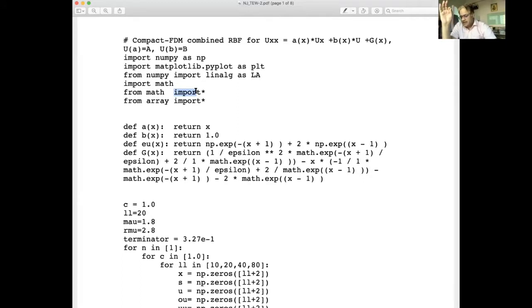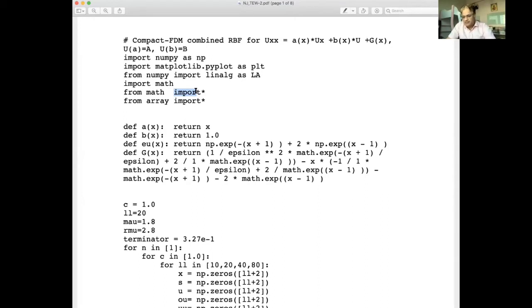I'm just sending the equation on WhatsApp. It is d2u by dx squared. Just a moment.